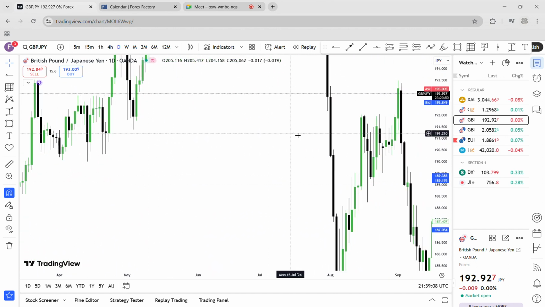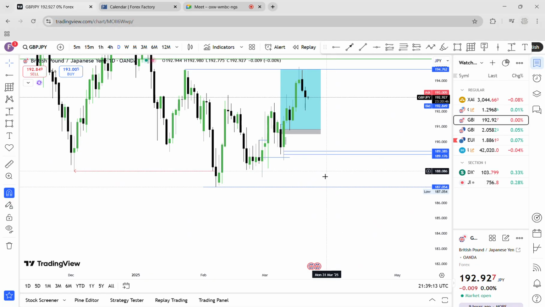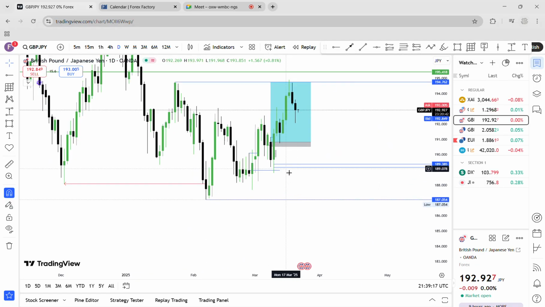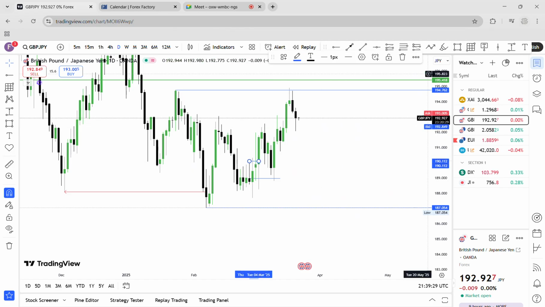Again, market structure. That is what it does for you if you understand your market structure and how to navigate it. That's why I'm telling you guys now which one is going to be valid and which one is not going to be valid, because I've been doing this, not just today.